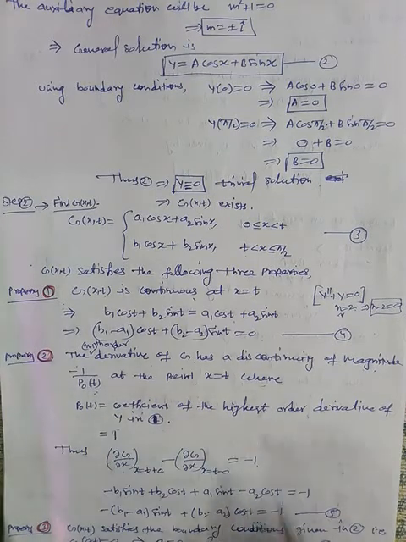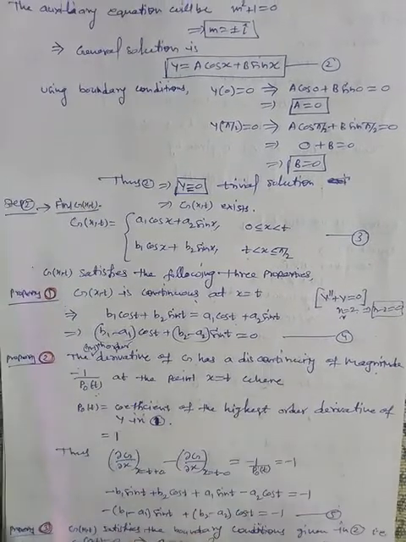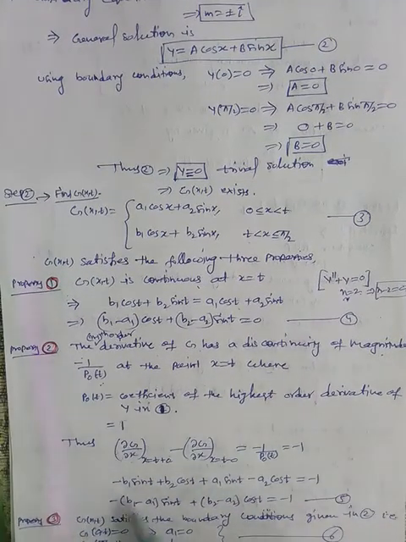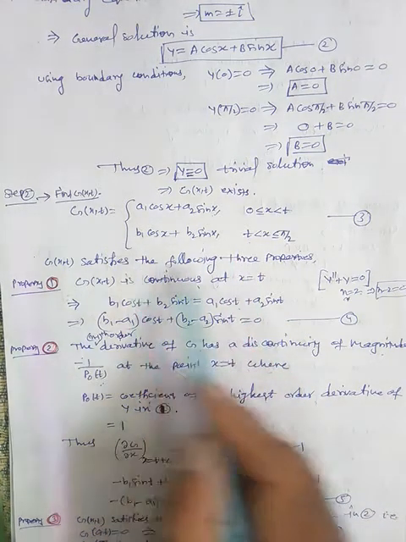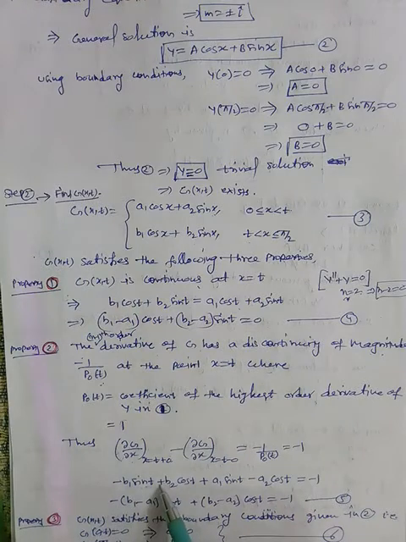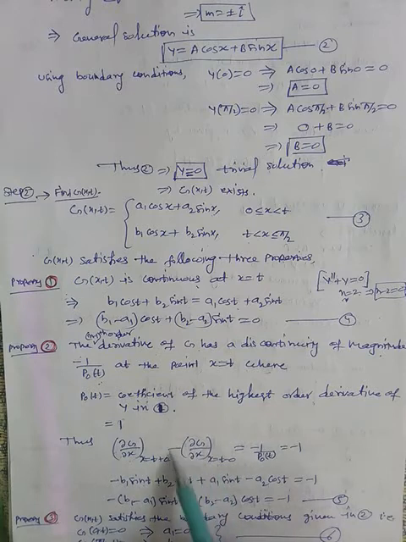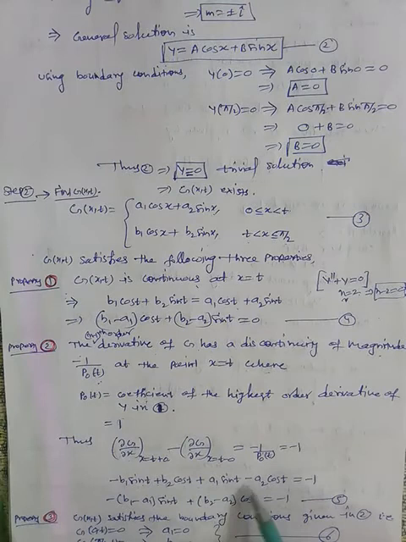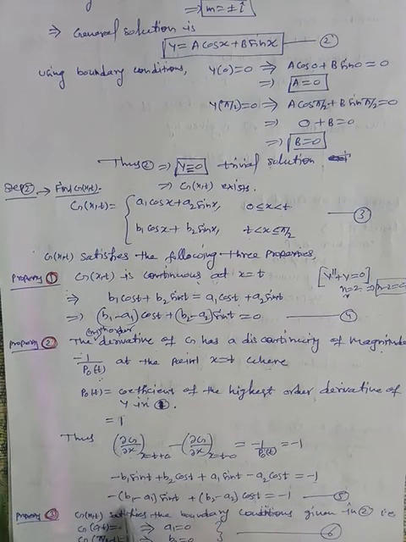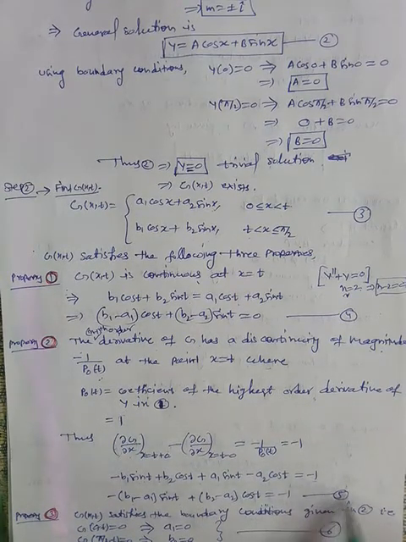Now when we simplify this, from the second branch we get minus b1 sin t plus b2 cos t, plus a1 sin t minus a2 cos t is equal to minus 1. After taking the common terms, we get minus (b1 minus a1) sin t plus (b2 minus a2) cos t is equal to minus 1. This is equation number 5.